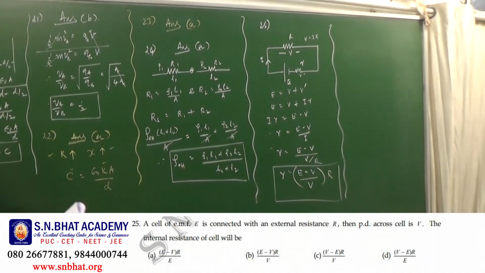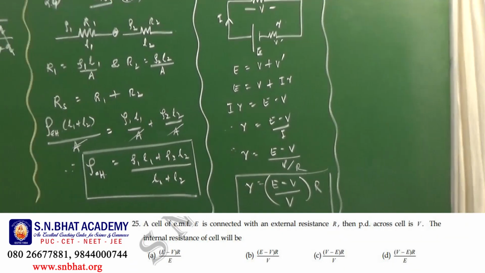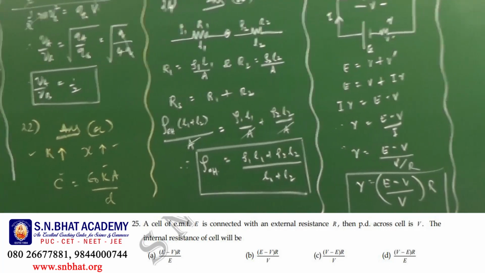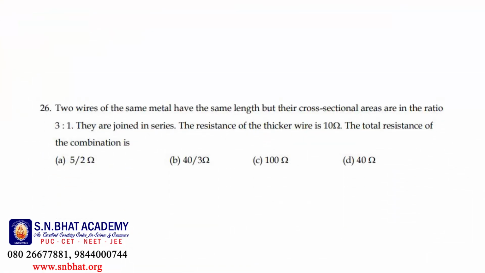Next is question number 26. The question is, two wires of the same metal have the same length but their cross-sectional areas are in the ratio 3:1.